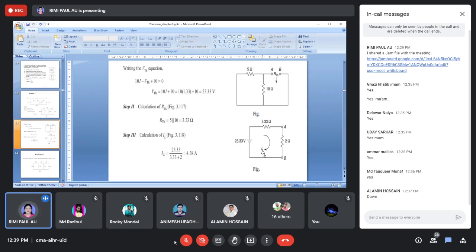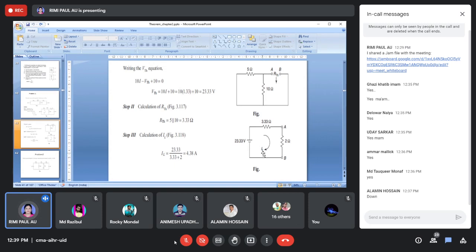Here we do what we did in Thevenin's theorem, but now we short circuit this path instead of opening it, and find the short circuit current ISC. If I can find ISC, in a similar way I can find RN or ZN.